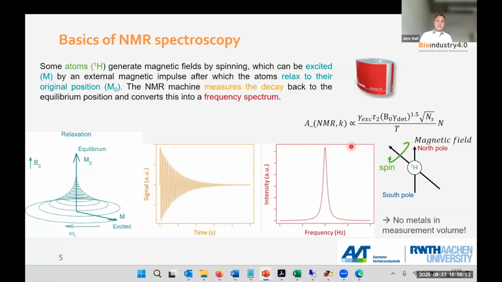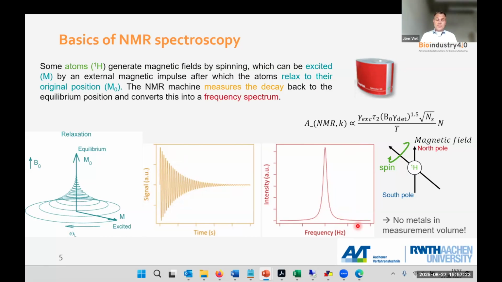The NMR measures this frequency, the signal over time, and then calculates a shift of intensity versus frequency, which is characteristic for a kind of shielded situation where the atom is shielded by its electrons.